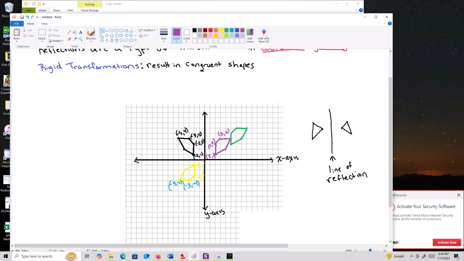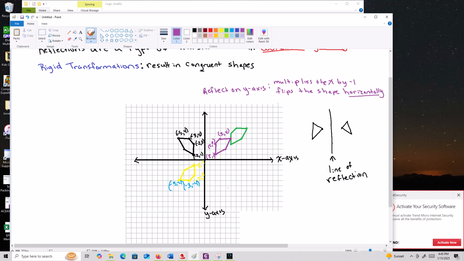So we see two things happen when we reflect on the y-axis: it multiplies the x by -1, and it flips the shape horizontally.